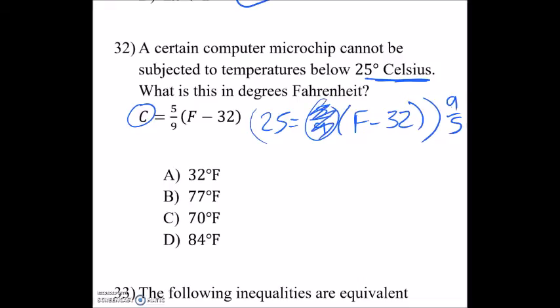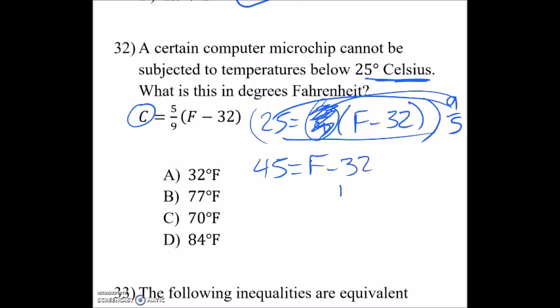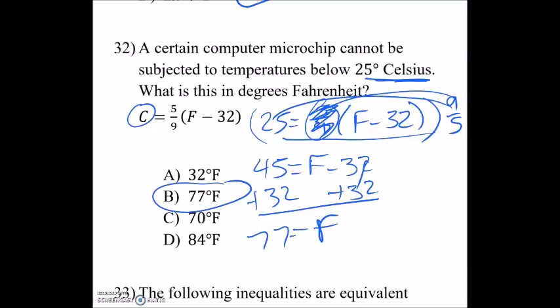That eliminates this. 25 times 9 divided by 5 just gives me 45. Because of this, these are eliminated, so I just have F minus 32. I add 32, I add 32, and I get that F is 77 degrees. And there's your answer.